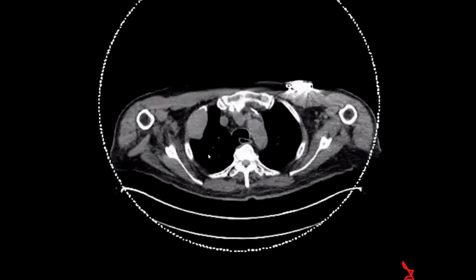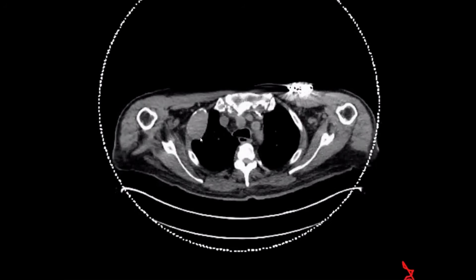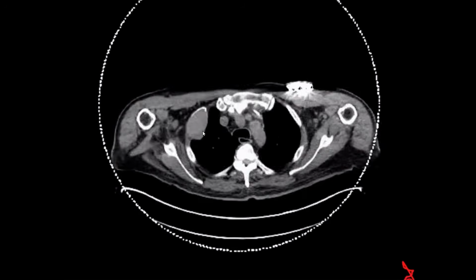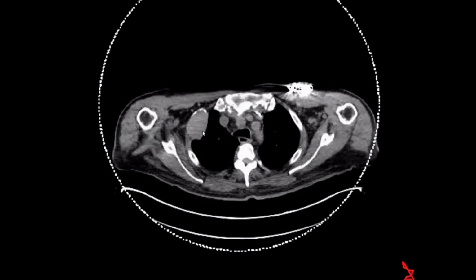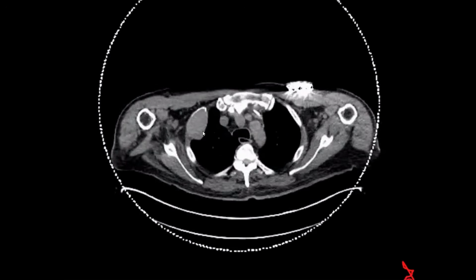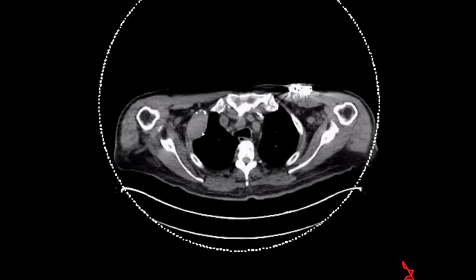Reviewing the expansile lytic lesions, giant cell tumor is not the case. Askin tumor is far from diagnosis because the age is different. What else?